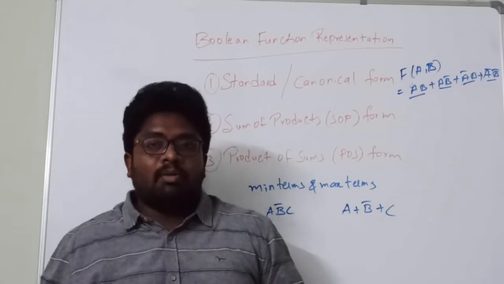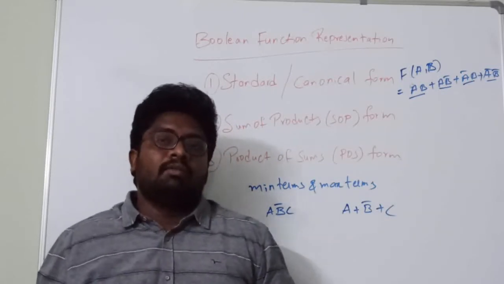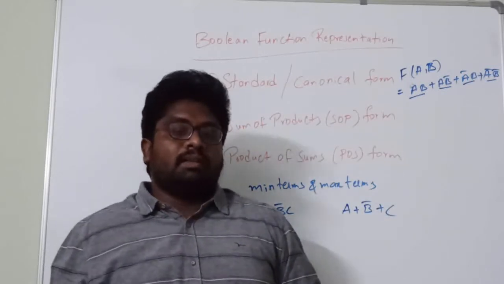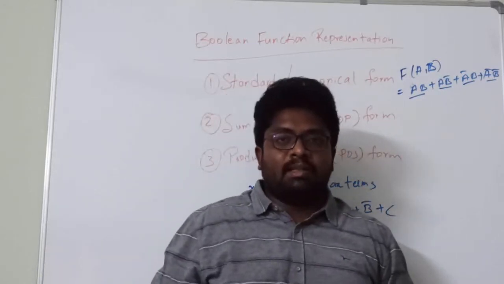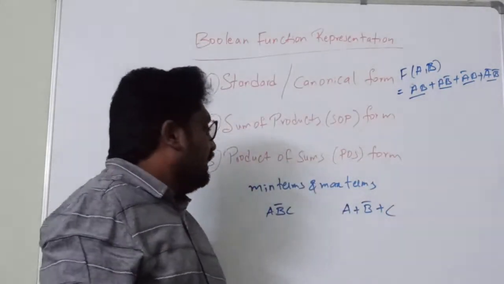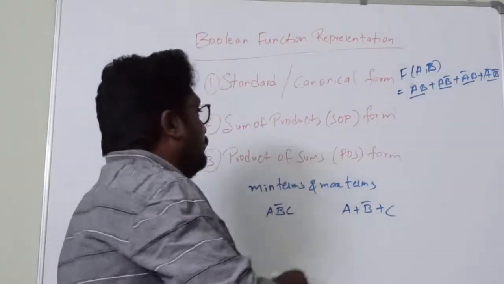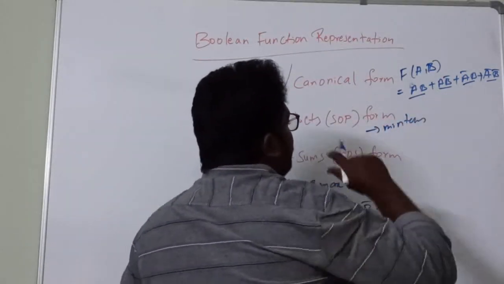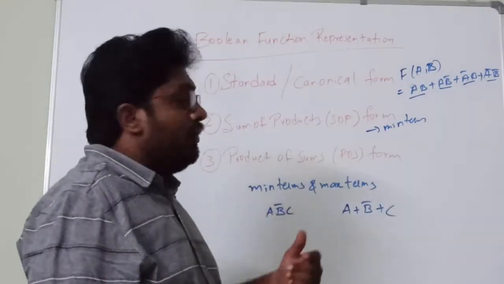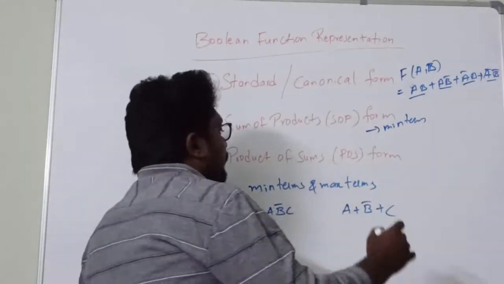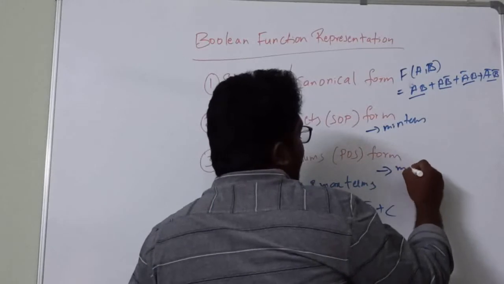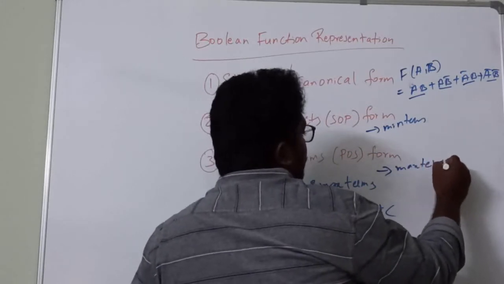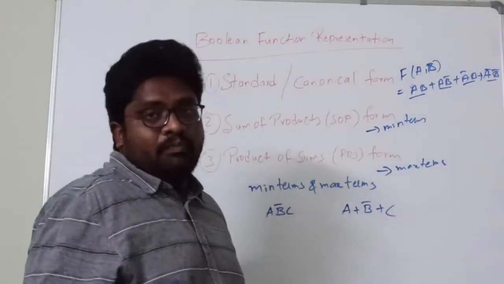Now let us see the sum of products form in detail. In SOP form we use the min terms, and in product of sums form we will be using the max terms.